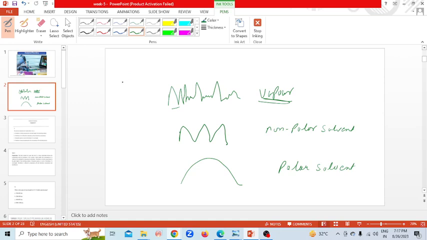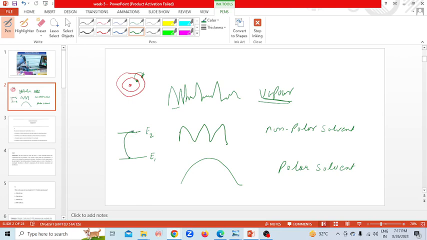In the last class I discussed that suppose this is your atom, these are the shells, and one electron is here. When the electron gets energy, it jumps to a higher energy level, called an excited state. These are the energy states in an atom, suppose E1 and E2, and the electron is jumping from here to here.